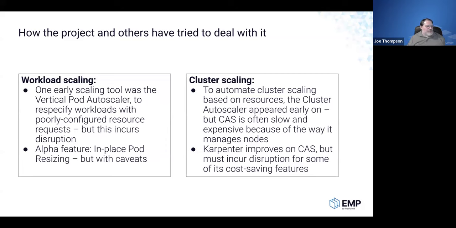What it will do is it will reach out to the AWS API. It will say, what kinds of nodes can I provision? What kinds of instance types can I provision? And then it will pick the smallest node instance size that fits with what it needs to allow to schedule. So if you have just one tiny pod that needs to schedule, you'll get one tiny node.